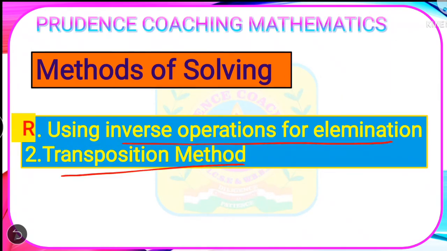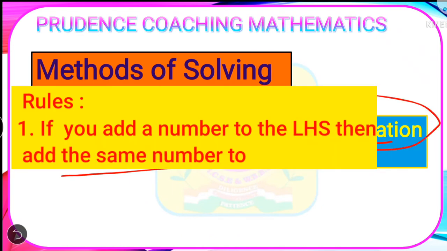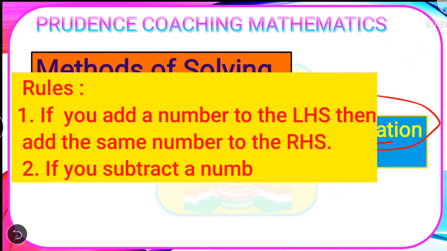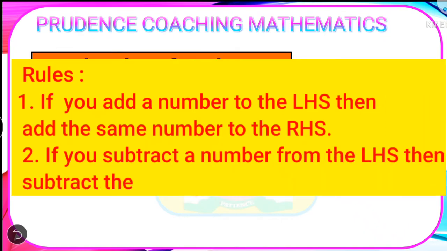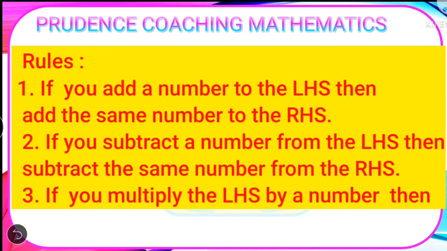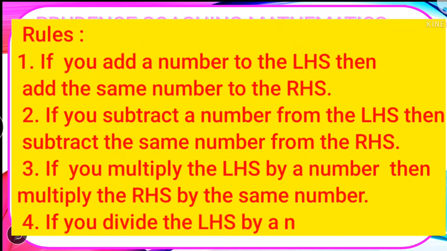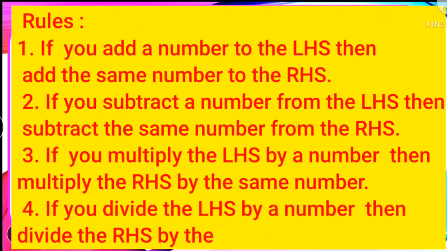So according to the rule of using inverse operation for elimination, we should remember that if we add a number to the left hand side, the same number should be added to the right hand side. Again, if you subtract a number from LHS, then subtract the same number from the RHS. If you multiply any number in the LHS, the same number will be multiplied in the RHS. Similarly, if you divide the LHS by a number, then you need to divide RHS by the same number.